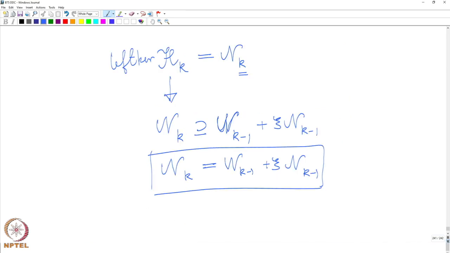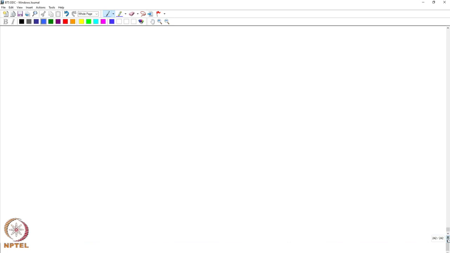Often when we do measurements to collect data, we will not be able to get an infinite time series, but rather we will get W0, W1, W2, up to a certain time capital T, a finite time series.